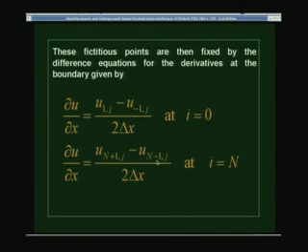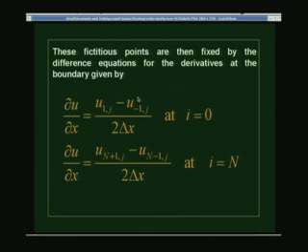Let's say you are given del u by del x equal to 0 as the boundary condition along the line i equal to 0. Then I replace del u by del x by a symmetric difference equation, that is u1j minus u minus 1j divided by 2 delta x at i equal to 0, and from this, since I know what the derivative is, I can get the value of u minus 1.